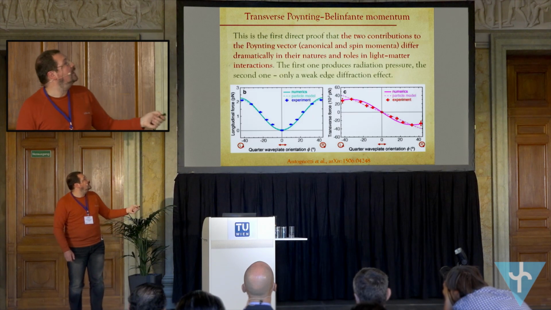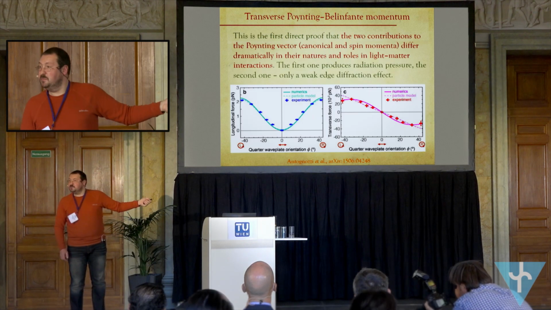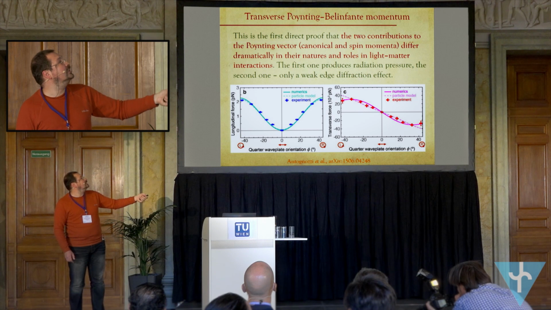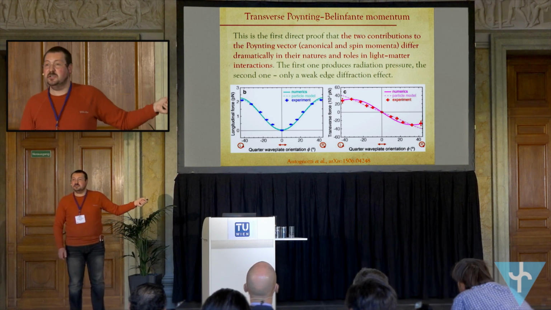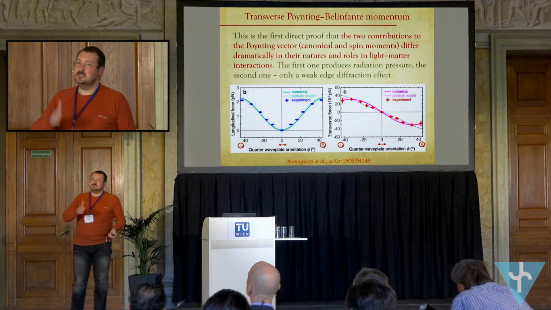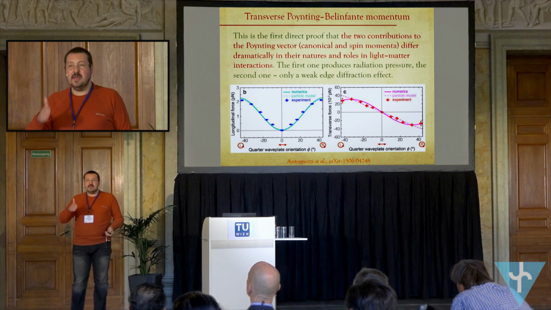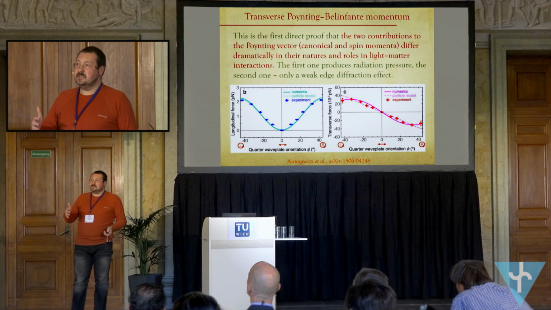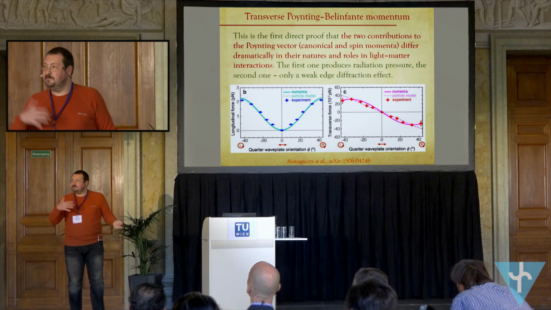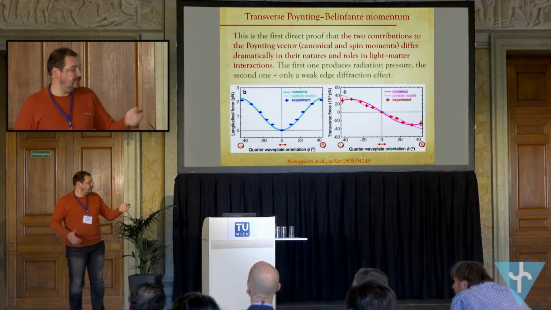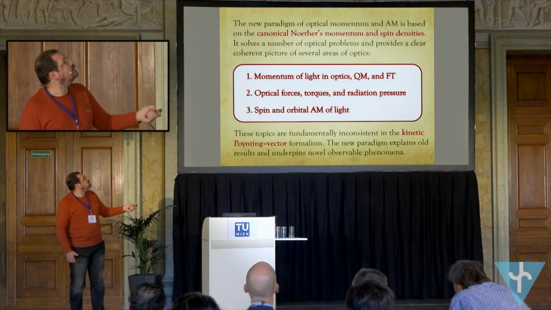And what we found that the force, radiation pressure force from the transverse component is 2 orders of magnitude smaller than the usual radiation pressure. Therefore, we have 2 components of the same Poynting vector, and they interact with matter dramatically different. So the Poynting vector is not a single quantity, it's in fact an artificial combination of 2 components.